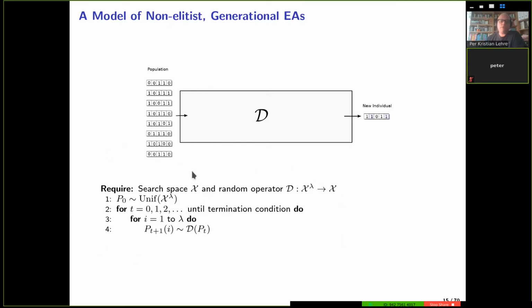So we have a search space X and some random operator D, which takes a population of size lambda and produces one new individual in X. So in the initial generation, we just sample uniformly at random a population of lambda individuals. And then in each generation, we just sample lambda times independently and identically from this distribution D, which depends on the current population.